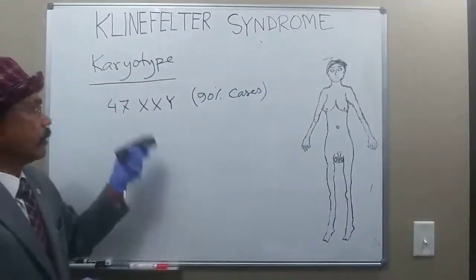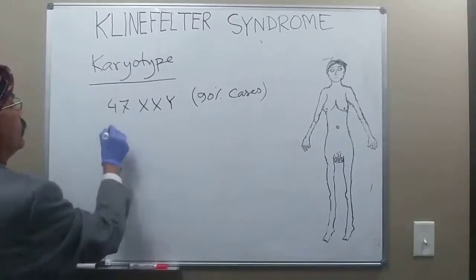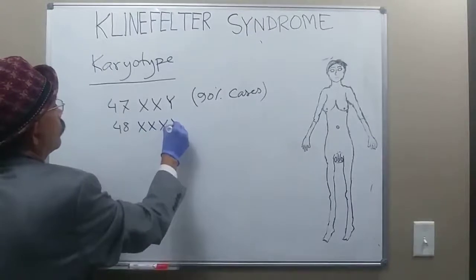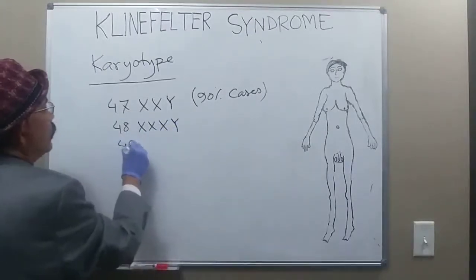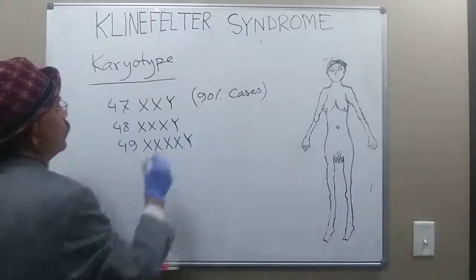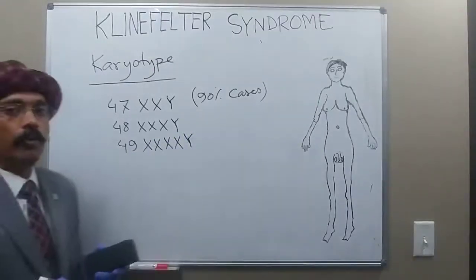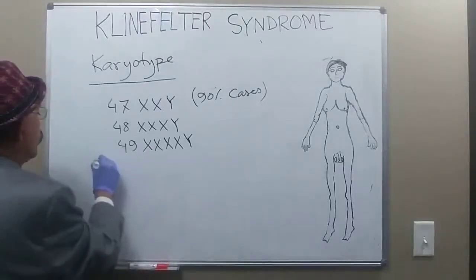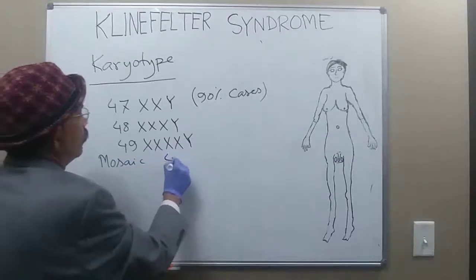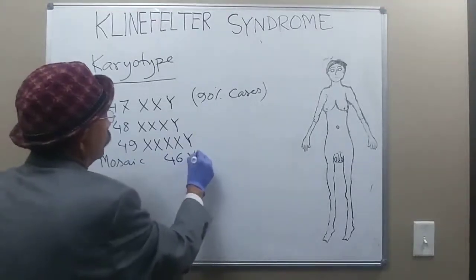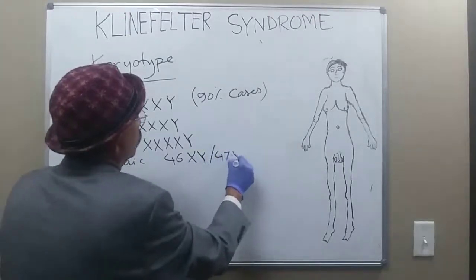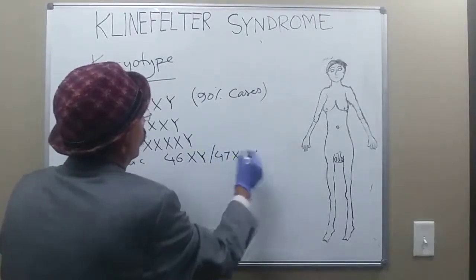We have other types of karyotype like 48XXXY, even 49XXXXY, that is possible. We may have mosaic, that means it is 46XY and we get 47XXY.